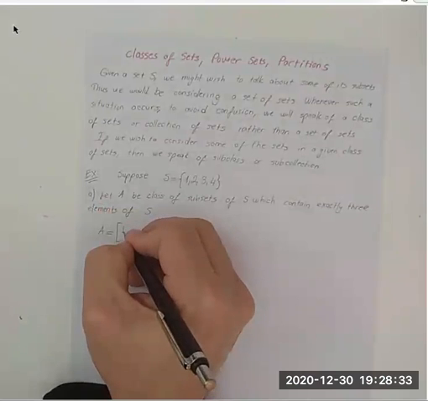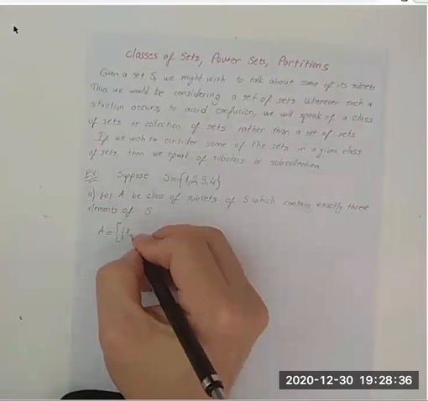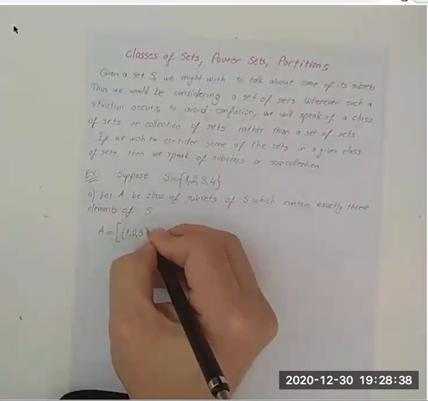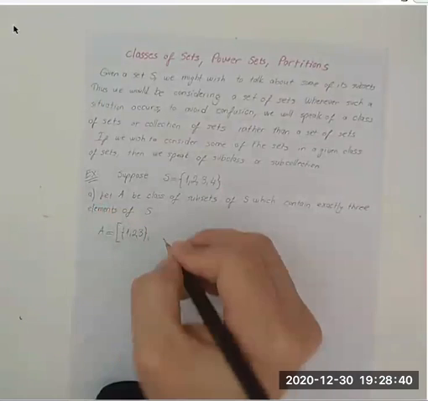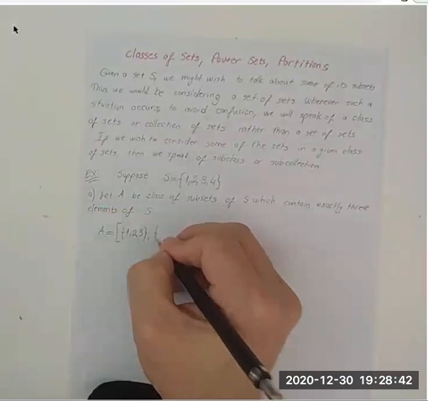In brackets, I show the class A. Class A has subsets of S with 3 elements.